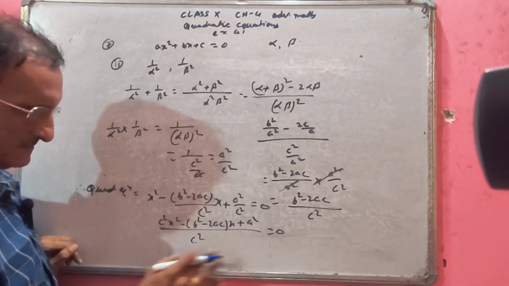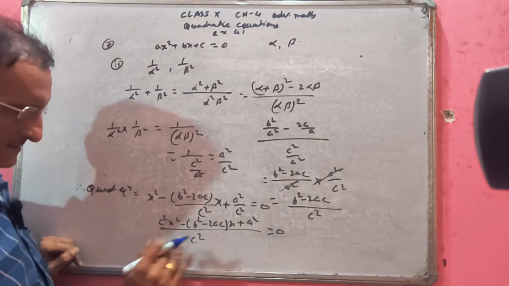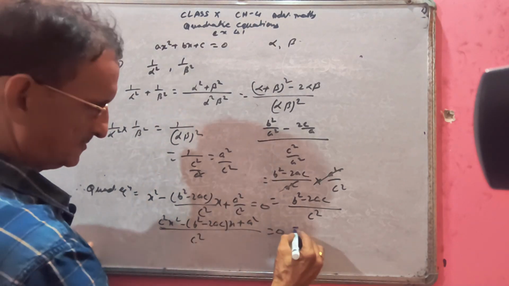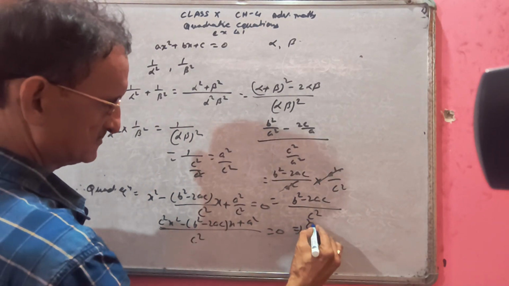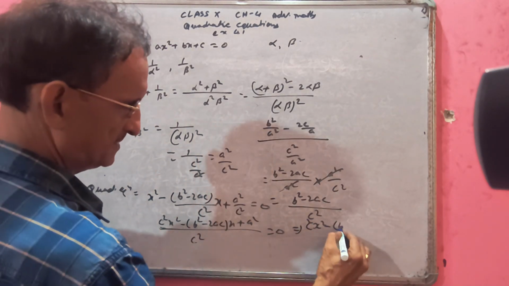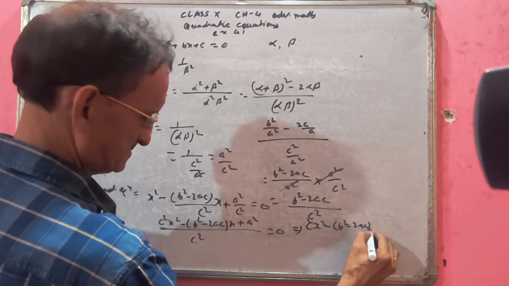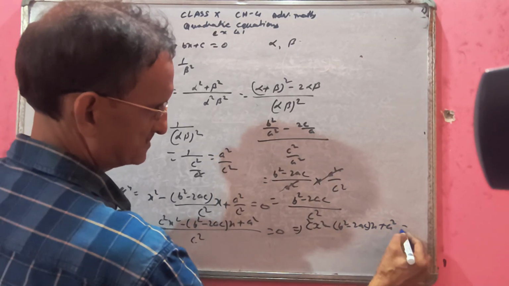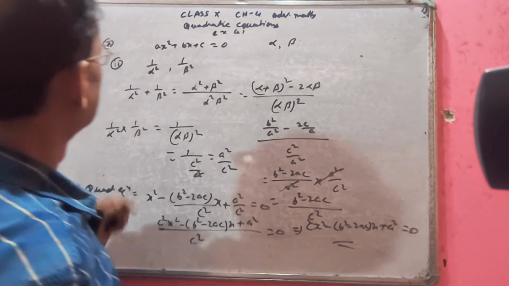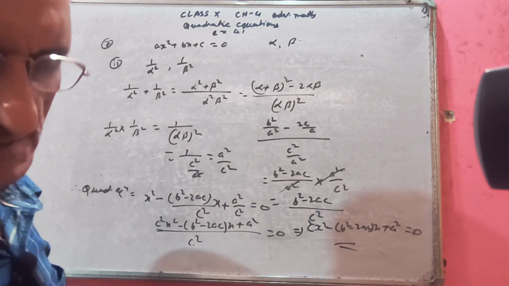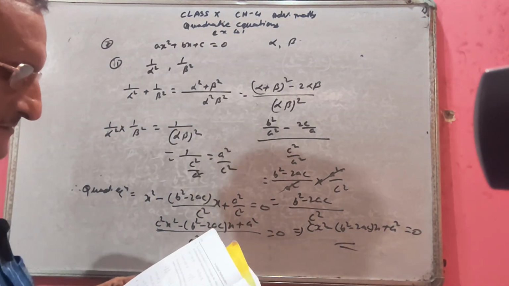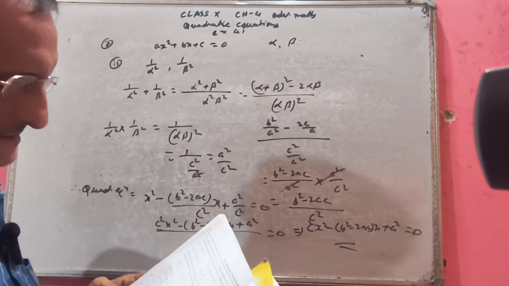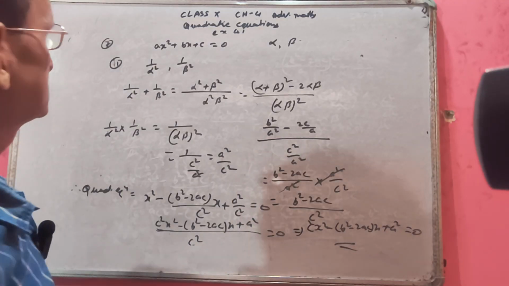So answer will be this only: c square x square minus b square minus twice ac into x plus a square equal to 0. So we can proceed by this method only; the remaining sums of number 7, I will explain you in the next class.